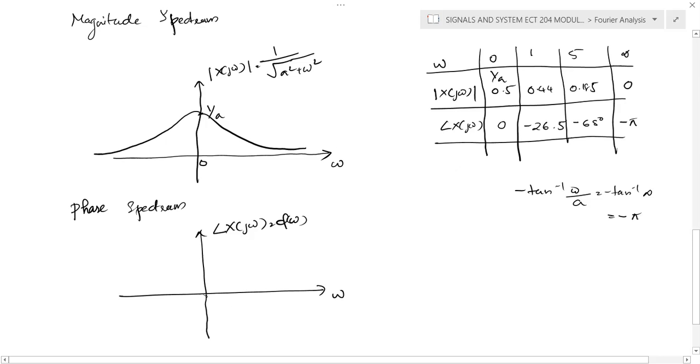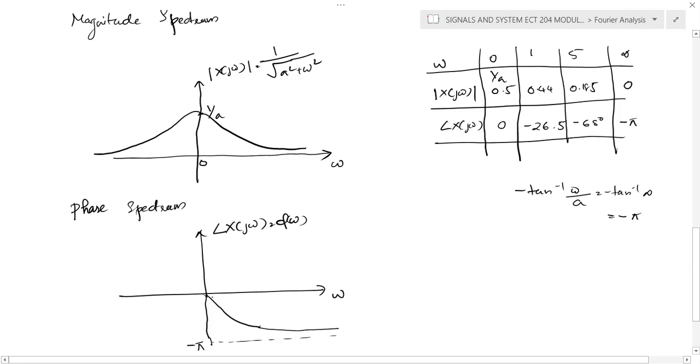So it will be like this. When it is 0, it's 0, and after it reaches 5, it's around minus 68. So it reaches a high value and it will be like this, and when it reaches infinity, it becomes minus pi.